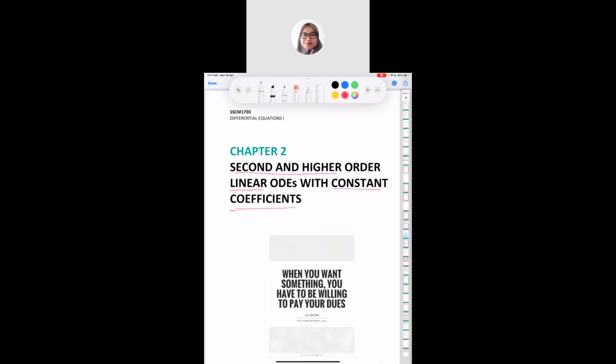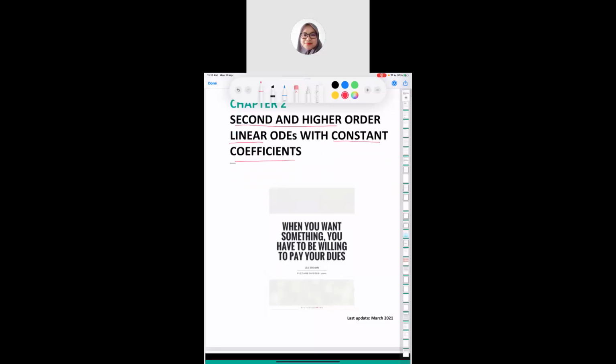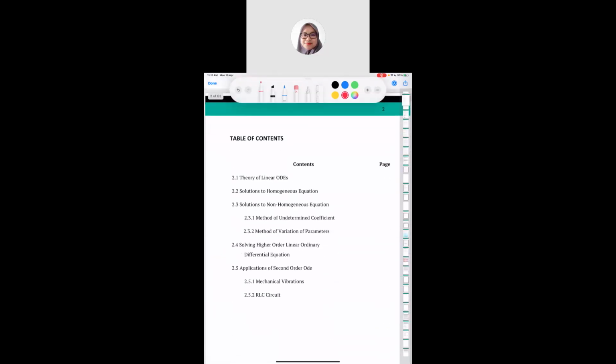Okay, so in chapter 2, the first part is the theory of linear ODE.